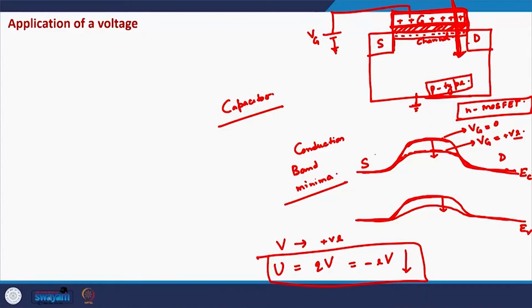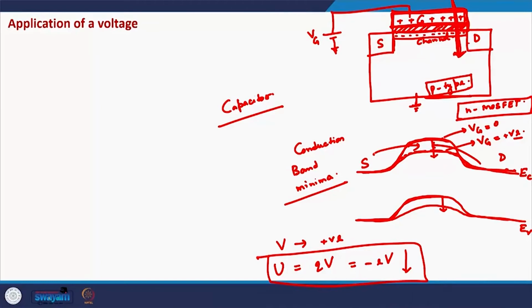So, it allows electrons from the source side to cross the barrier, but at the same time it also allows electrons from the drain side to cross this same barrier. And if the source and the drain terminals are identical terminals, identically doped, in that case the number of electrons crossing the barrier from the source side will be exactly equal to the number of electrons crossing the barrier from the drain side.